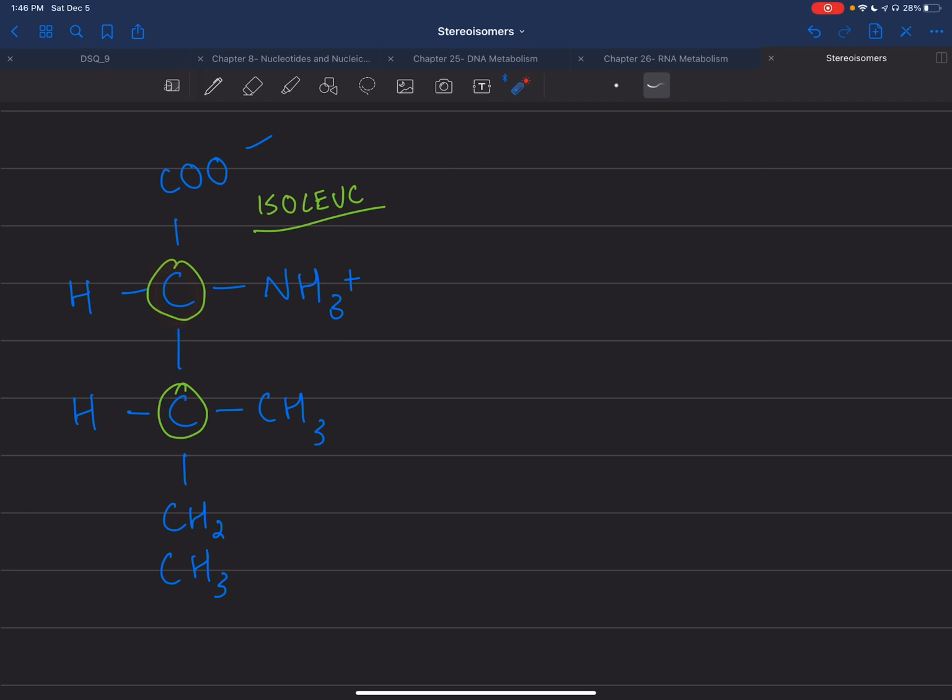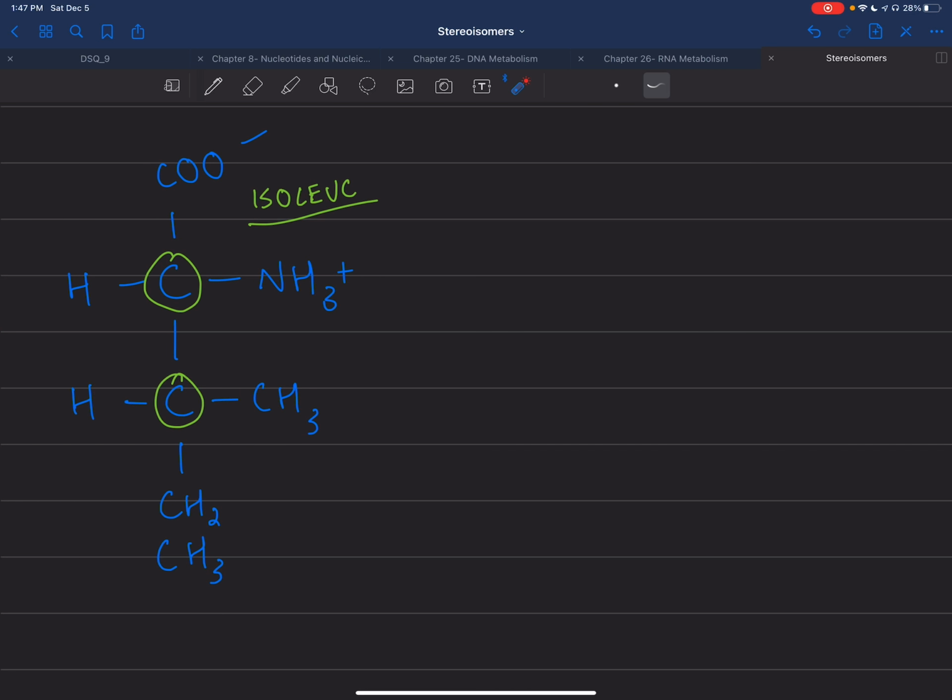Carbon is attached to a hydrogen, a carboxyl, an amino, and a carbon that's attached to not oxygens. You know, it's carbon versus carbon, but this is attached to a methyl and a hydrogen. That's why this is a stereocenter. This carbon is attached to a hydrogen, an ethyl, a methyl, and a carbon that's attached to all this stuff. So that's why that is a stereocenter also.